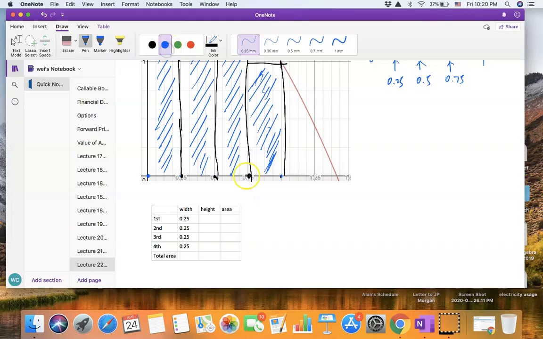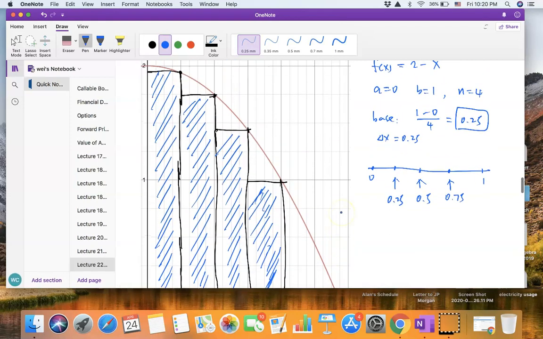Now the height of the first rectangle is the function value at 0.25, the height of the second rectangle is the function value at 0.5, and for the third rectangle it's the function value at 0.75. For the last rectangle, the height is the function value at 1.